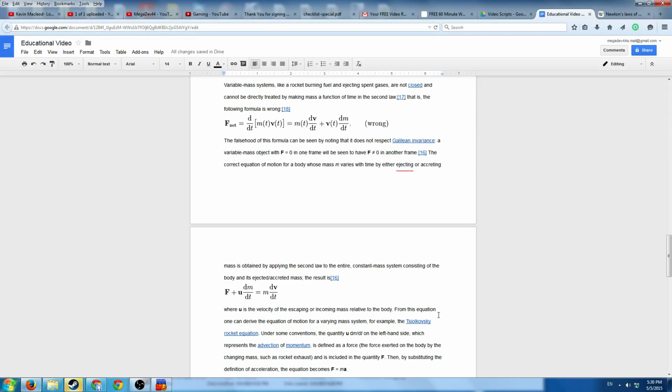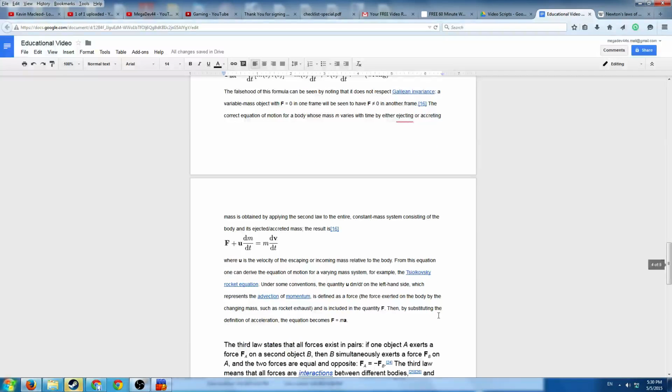Under some conventions, the quantity u dm/dt on the left-hand side, which represents the advection of momentum, is defined as a force, the force exerted on the body by the changing mass, such as a rocket exhaust, and is included in the quantity F. Then, by substituting the definition of acceleration, the equation becomes F equals ma.